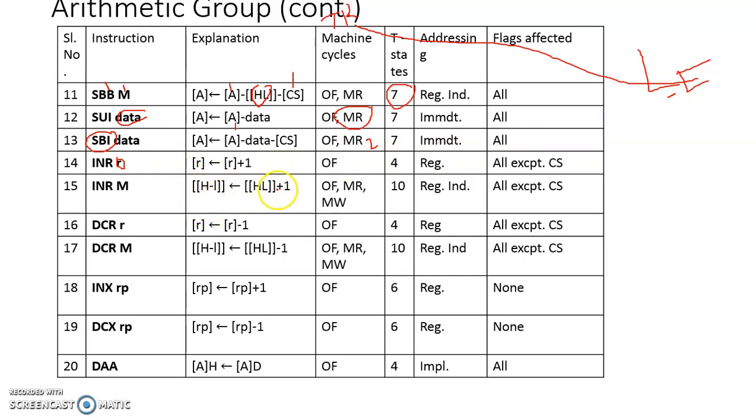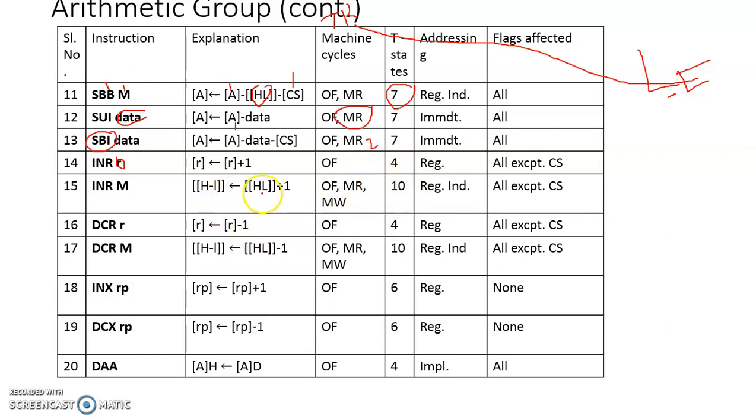Then it will be incremented by 1, and this must be written back to the same memory location. So overall there will be opcode fetch, memory read and memory write machine cycles. Opcode fetch will have 4 different T states, plus memory read and memory write require 3 different T states each. So 3 plus 3 plus 4 make it 10 different T states.